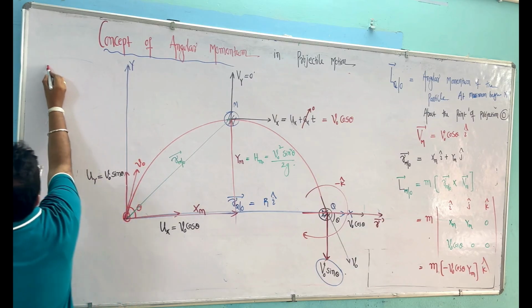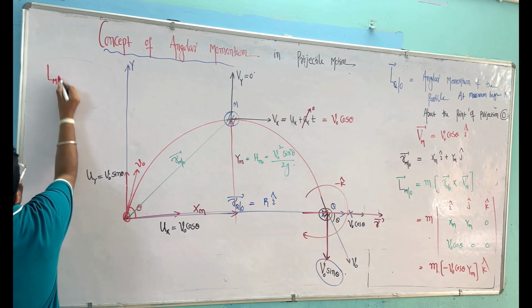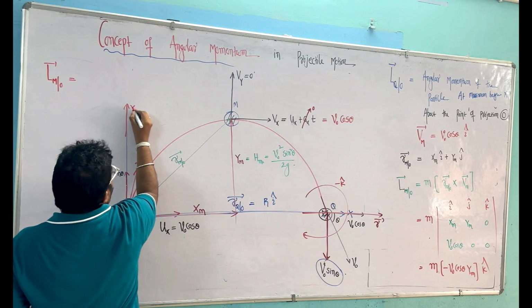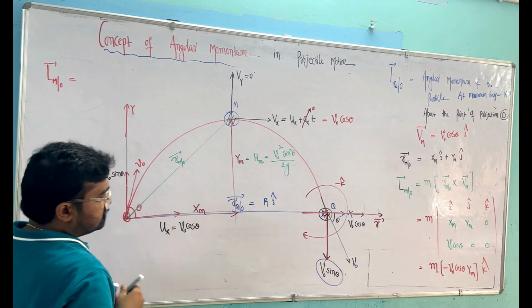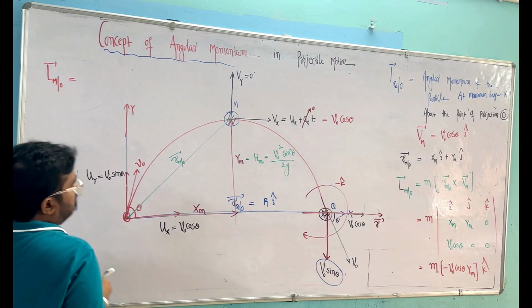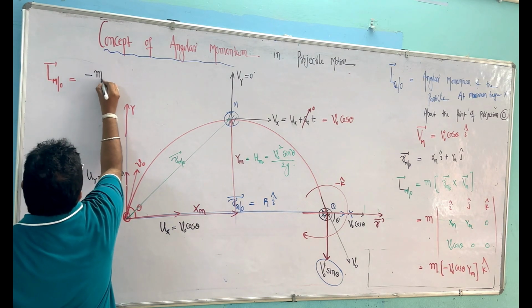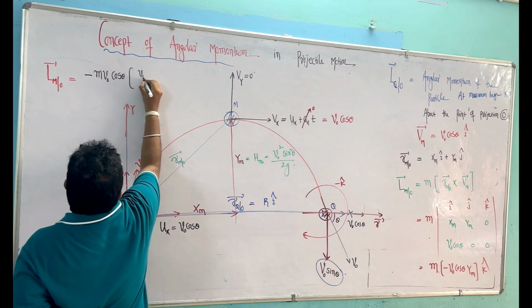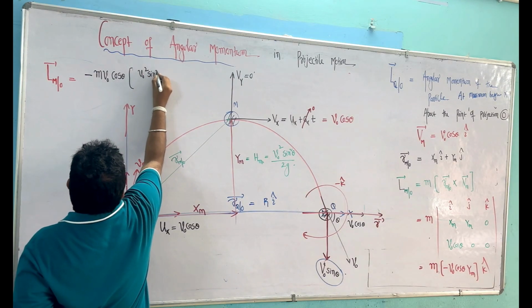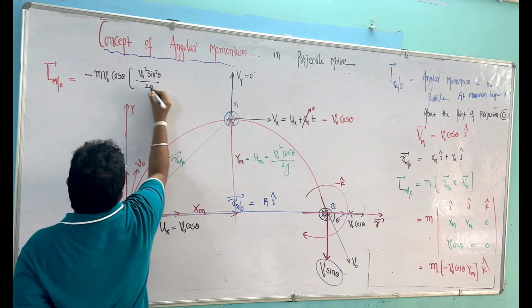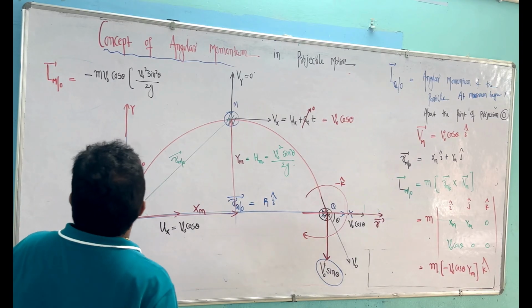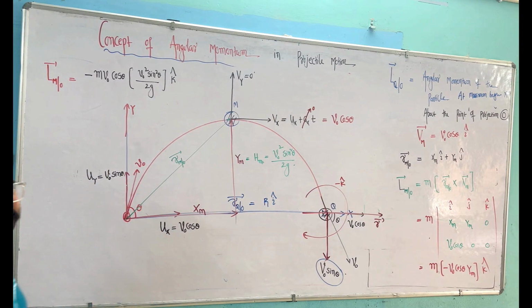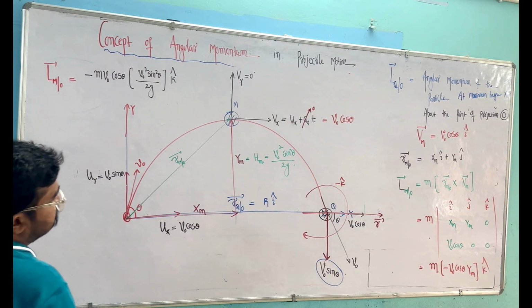L at point M about point O can be written as minus m times V naught cos theta into V naught square sin square theta by 2g, K cap. Then how much is obtained?